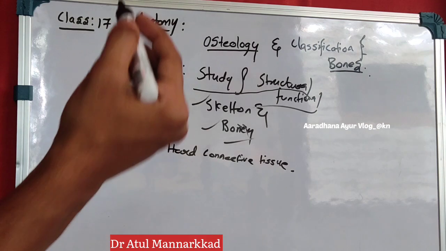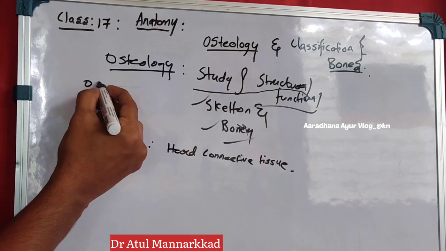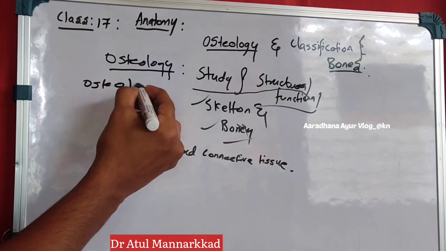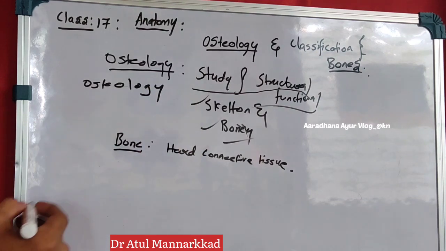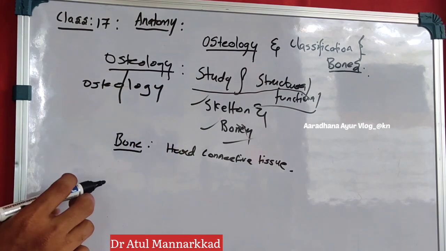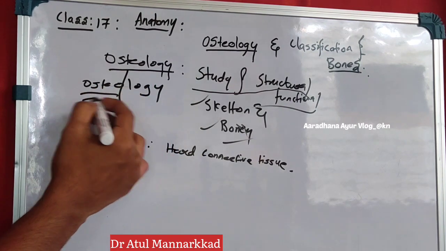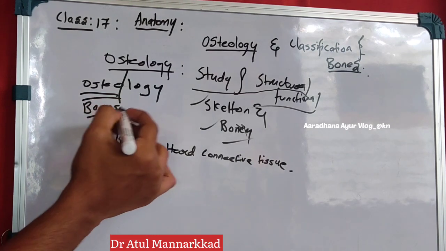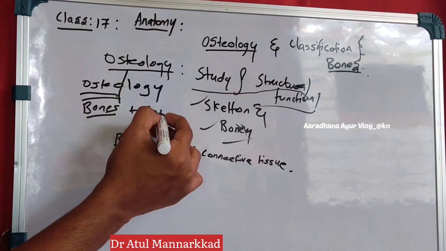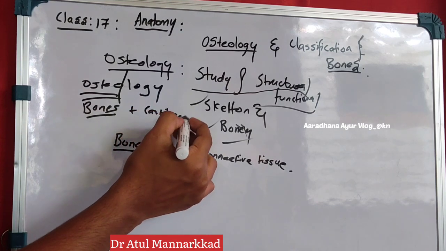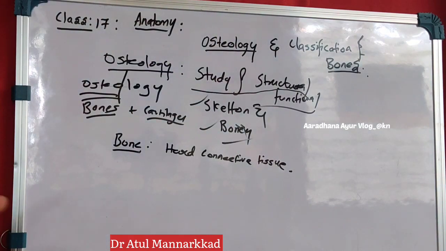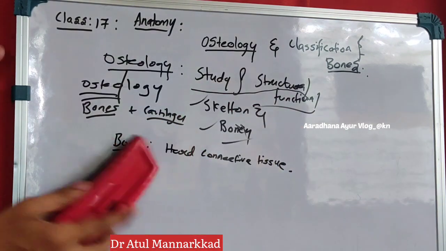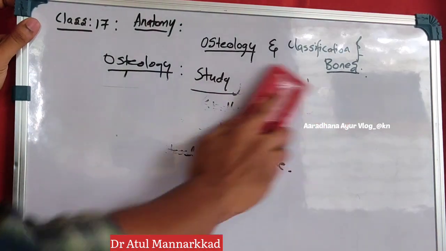When we break the word osteology, it is osteo plus logy. Osteo means bones and logy refers to cartilages.